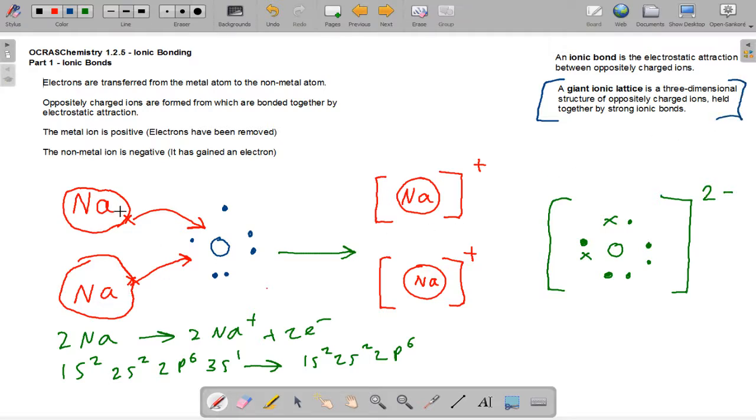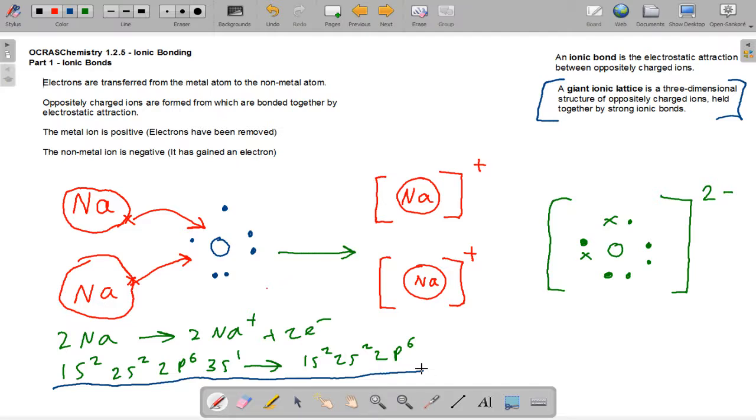So in this example I'm going to have 2 sodiums undergo ionization to make 2 sodium ions plus 2 electrons, and if you remember from last time, their electron configuration changes because they are now ions.